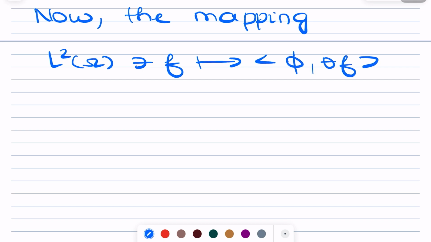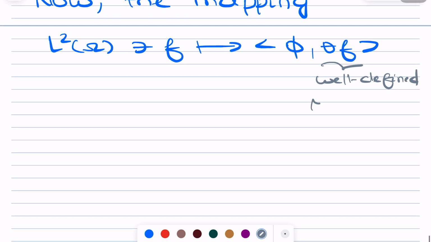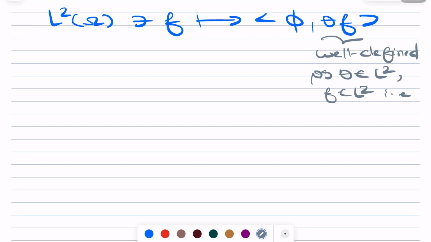Note that theta f is already defined, as theta is in L2 and also f is in L2, so this means that the product theta f is in L1, by Hölder's inequality.